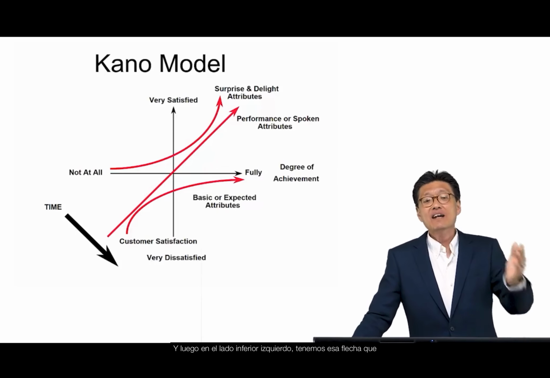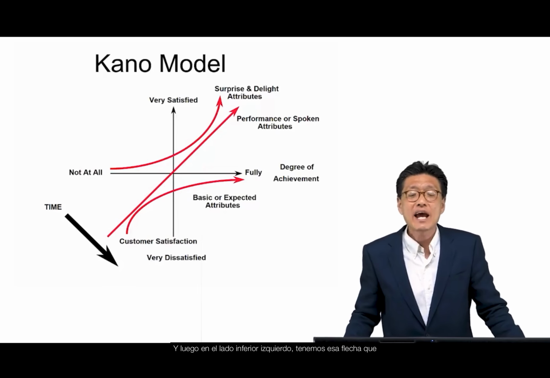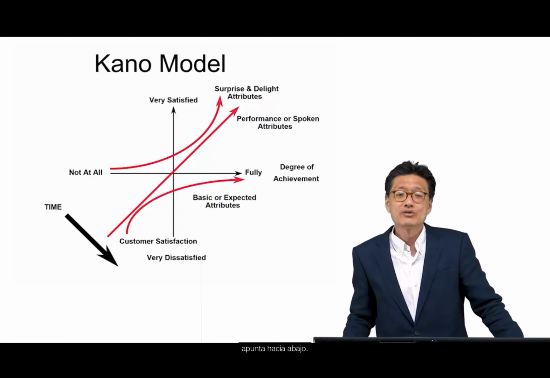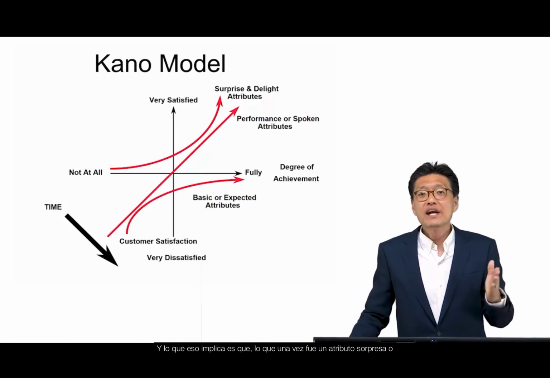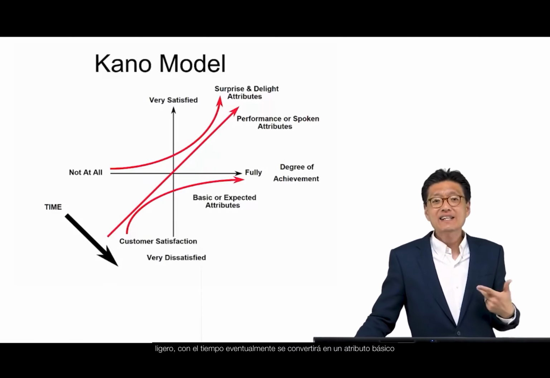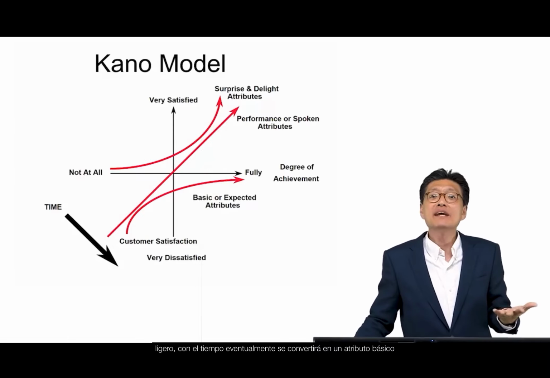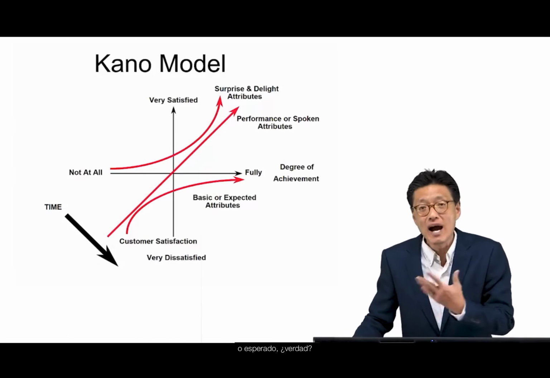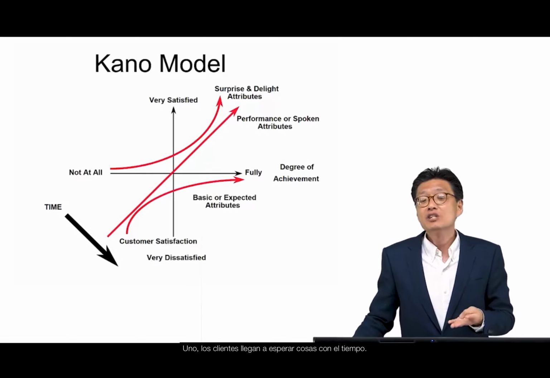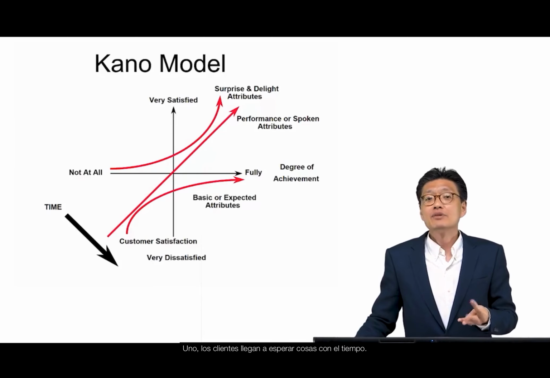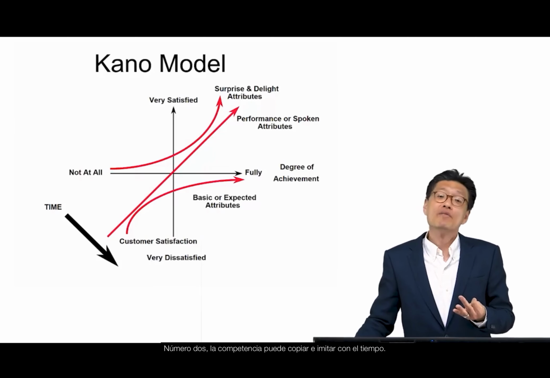And then you see that on the lower left-hand side, we have that arrow, time, pointing downwards. What that implies is that what was once a surprise or delight attribute will eventually become a basic or expected attribute, right? There are two reasons why that can happen. One, customers come to expect things over time. Number two, competition is able to copy and imitate over time.